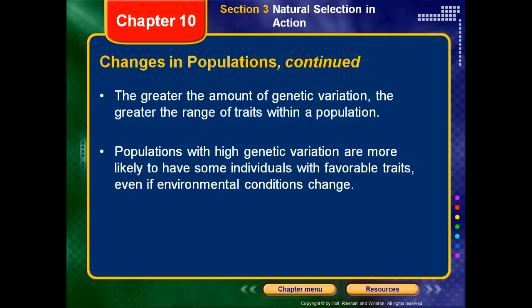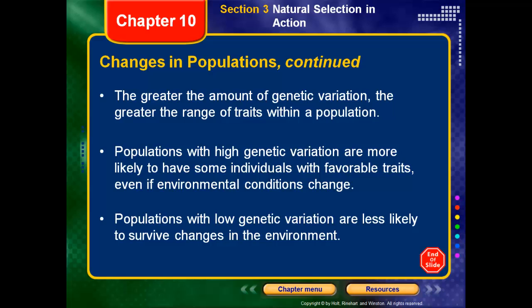Now, populations that have high genetic variation, so the organisms' DNA is fairly different, are more likely to have some individuals with favorable traits. So because their genetic makeup is different, you might have some organisms that are better adapted to their environment if the environment changes.